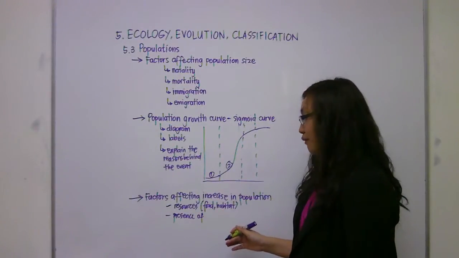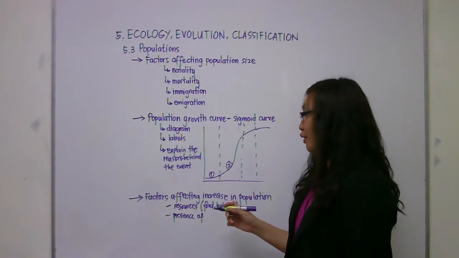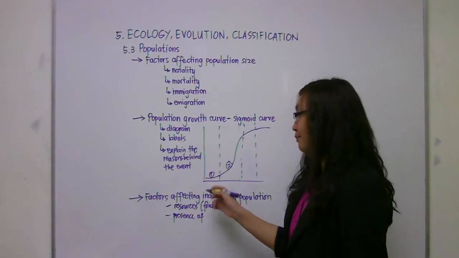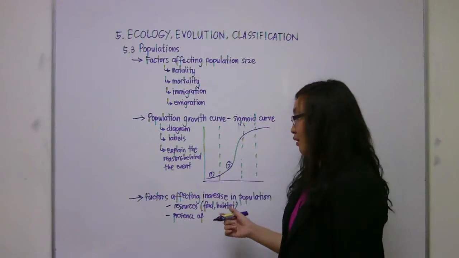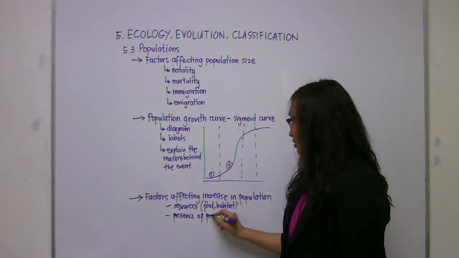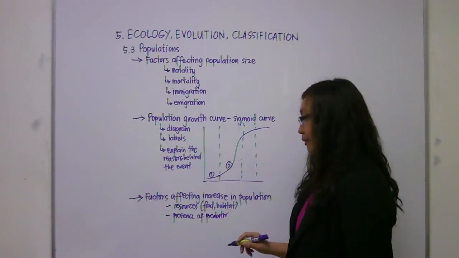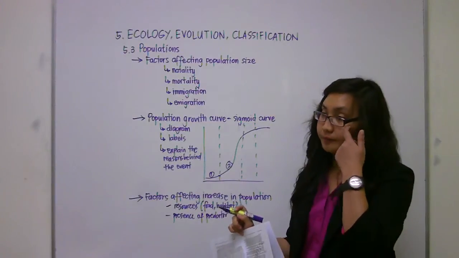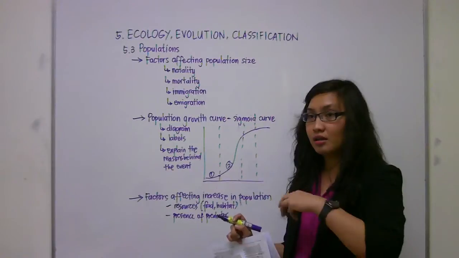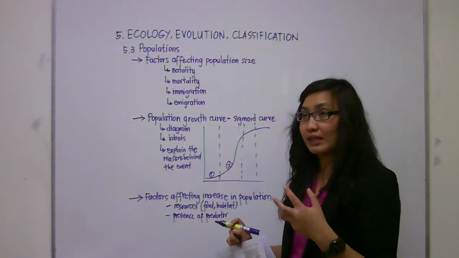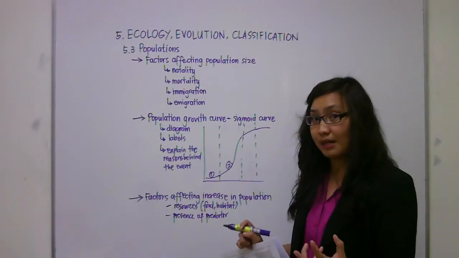But in the case of ecology, we also have to explain this area in the context of ecology, because there are other factors such as predators, organisms that hunt other animals for food. So the presence of predators would decrease the population.